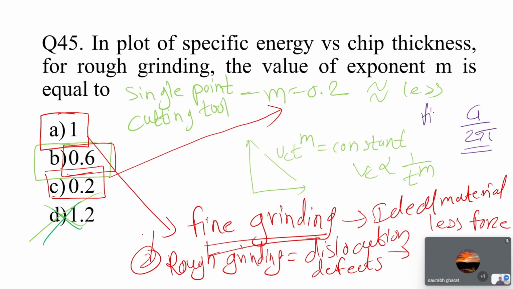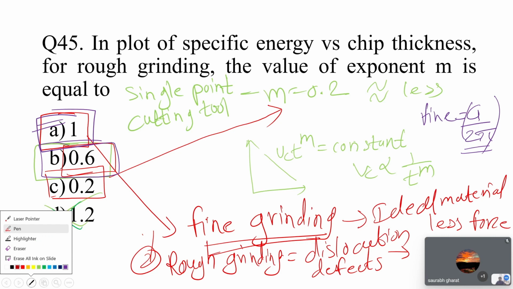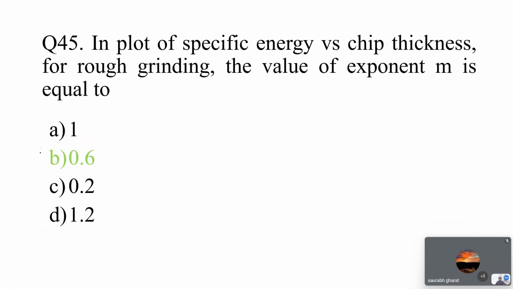So this one becomes one. Here the correct answer will be 0.06, for rough grinding. You are asking specifically for rough grinding, and for rough grinding, this will be your answer.